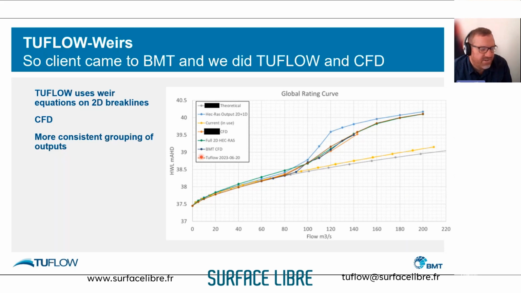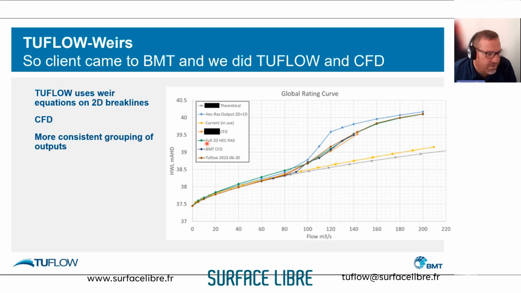We also did CFD modeling of this, as did the client. So as we can see in this instance, we've got the blue line, BMT CFD, the client's line, an orange one, the TUFLOW, this brown line, and we've got a much better grouping here. So it gives us a bit more certainty as to what's going on.